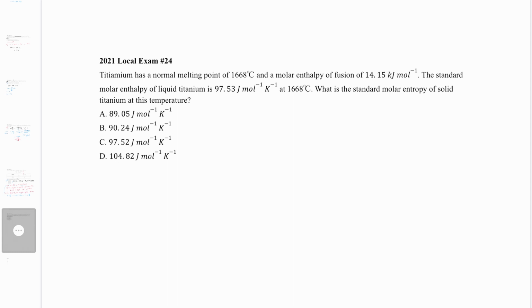All right, there's a lot here, but let's start off with our enthalpy of fusion. Enthalpy of fusion is the amount of energy it takes to turn 1 mole of a solid into 1 mole of a liquid. So titanium going from its solid form to its liquid form would require 14.15 kilojoules per mole of energy.